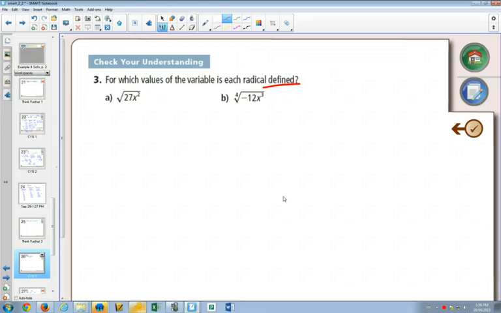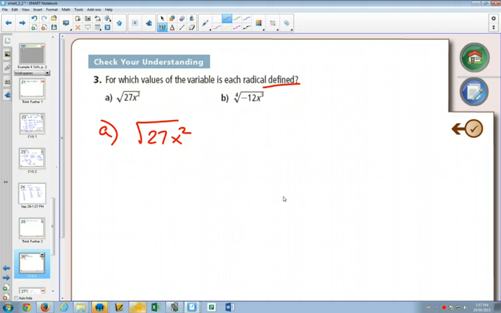The basic thing you're looking for is: is it an odd root or an even root? For our first one, it's a square root. So we're really checking, can I put a number in that will make it negative inside? I have the square root of 27x squared. Will that ever be negative inside?